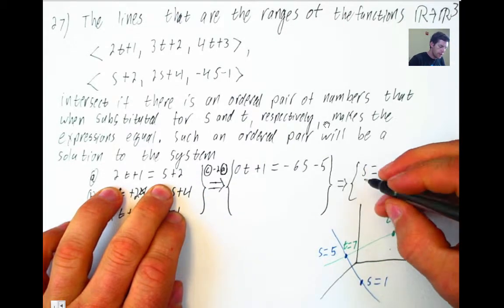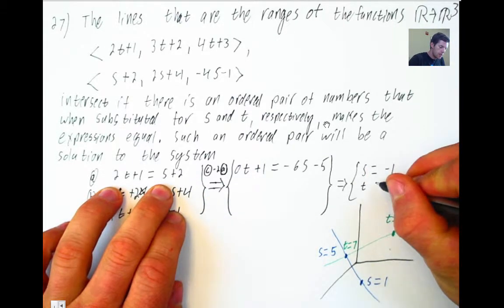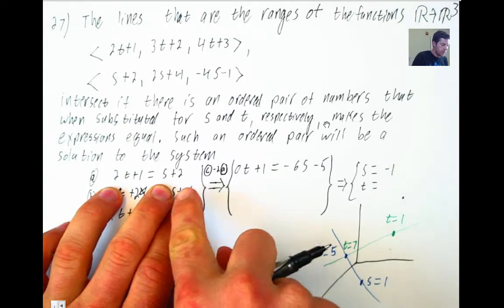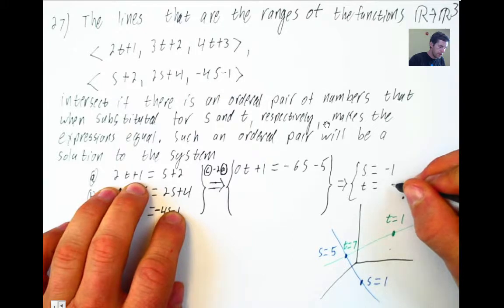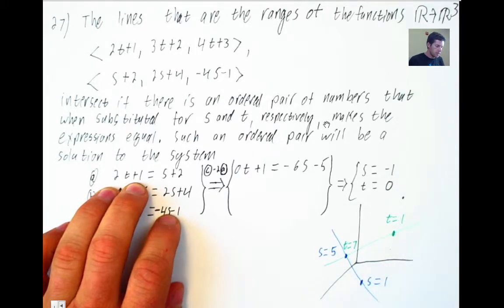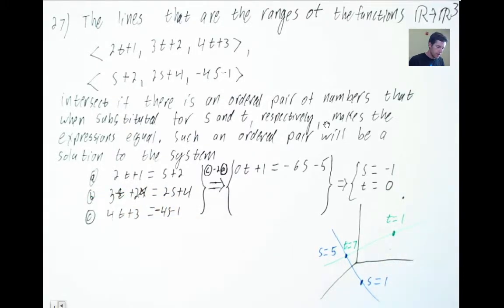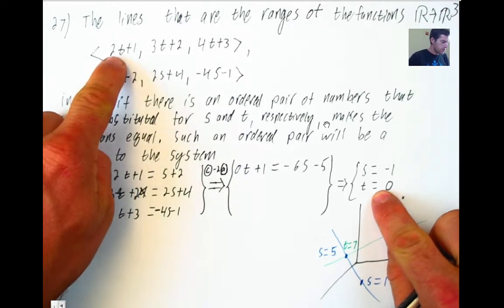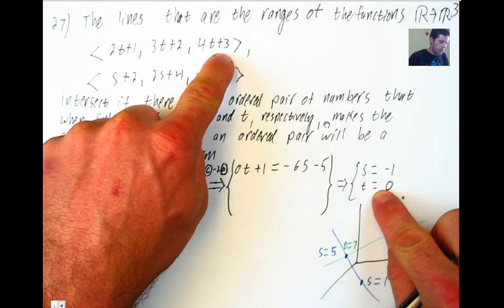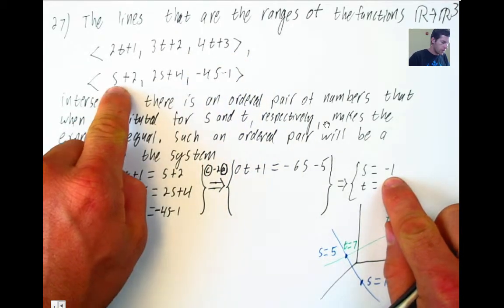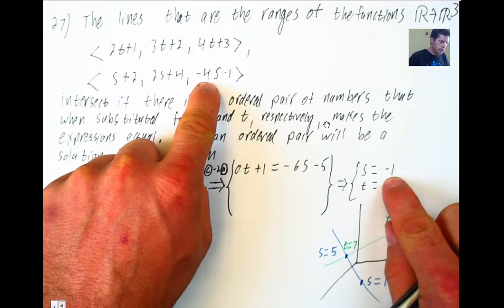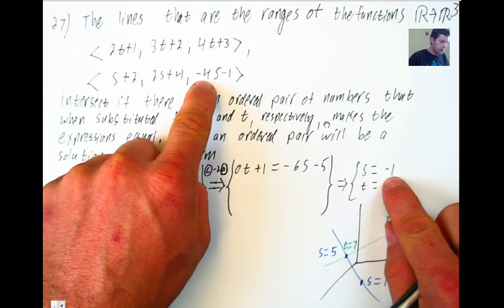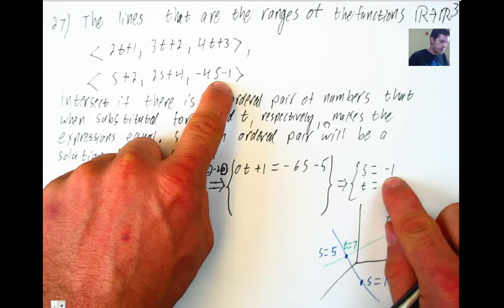Okay, so that would mean that 2t is negative 1 plus 2, that is a 1, and I subtract 1 from both sides and get a 0. When t is 0. Alright, let me think for a second. When t is 0, this expression is 1, 2, 3. When s is negative 1, this is 1, 2, negative 4 times negative 1 is positive 4, minus 1 is 3.